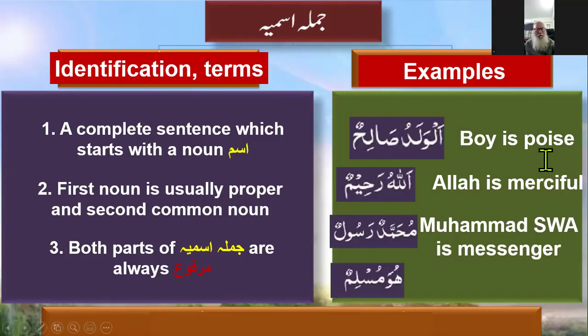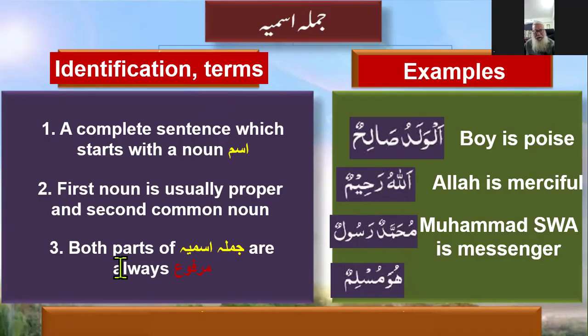Huwa Muslim. Huwa is a pronoun, but all the pronouns are proper nouns. They are marfu. So huwa is marfu and Muslim is a nakra. So both are in the state of rafa. Now you can ask, how do you say huwa is in rafa? It has fatha. It's not showing the dhamma.